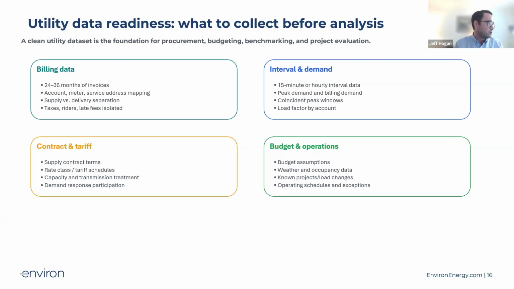From a contract and tariff perspective, it is good to have access to those documents, to the contracts, to what the terms are, how long is the contract, what is the contract structure, are all of my accounts included in that contract? The treatment of capacity and transmission. Again, this has become a significant portion of a lot of our customers' invoices. There's use cases recently, in New York specifically.